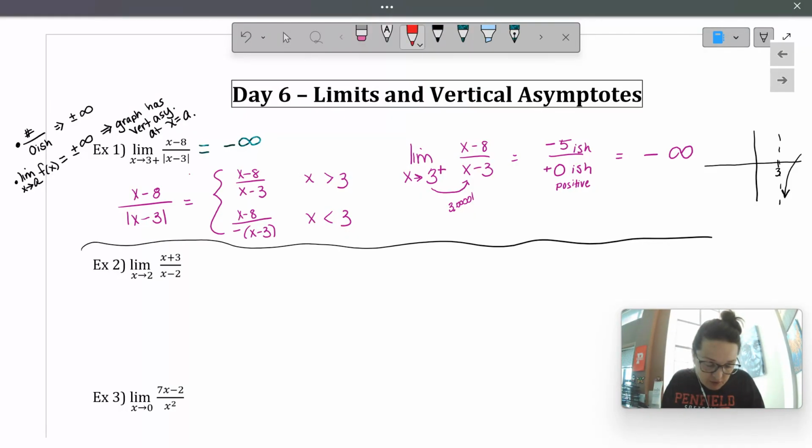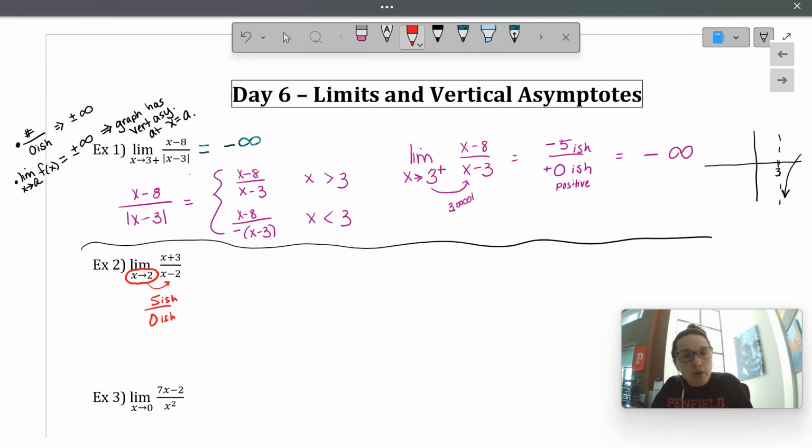The limit as x approaches 2 of x plus 3 over x minus 2. Okay, well, if I were to just plug in 2, I'm going to have a 5 on top and a 0-ish on the bottom. But I don't know if that's a positive or negative 0 because this just said x approaches 2.